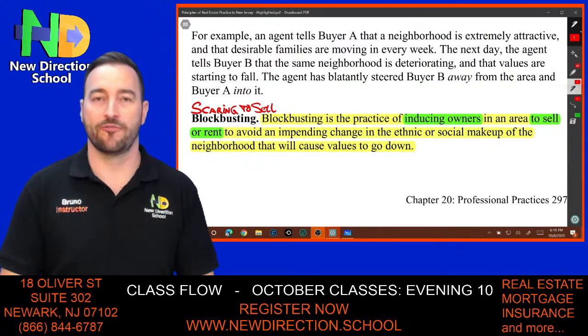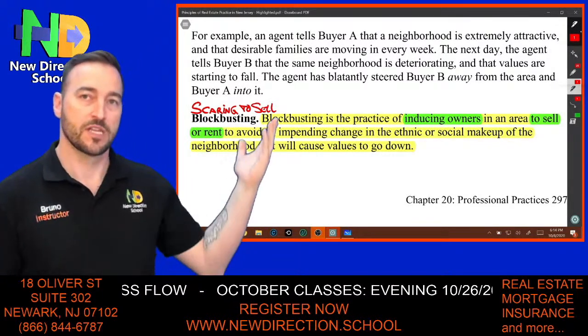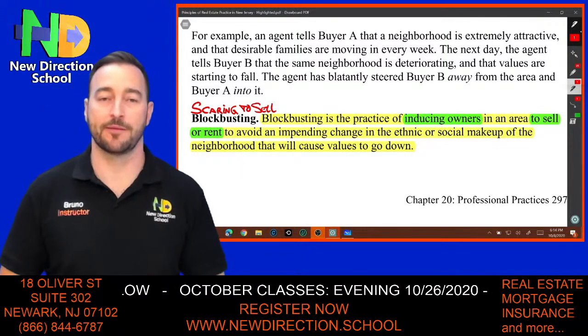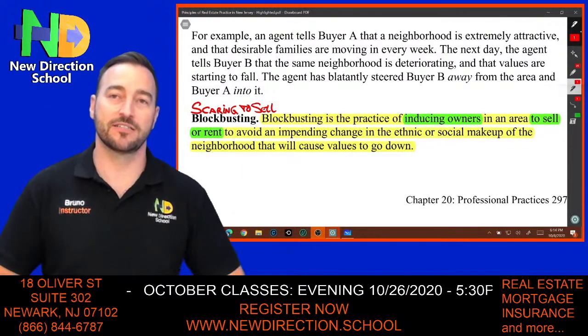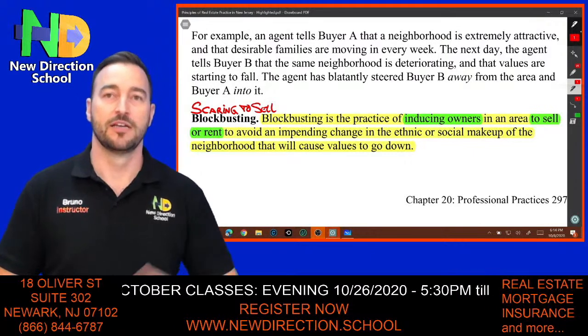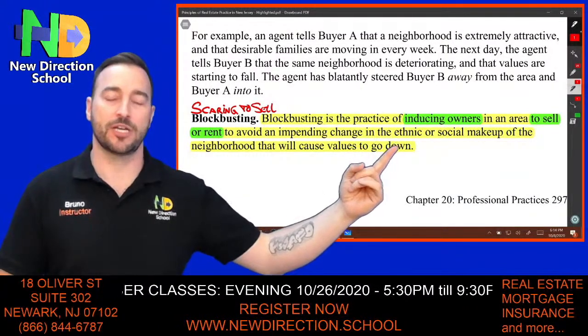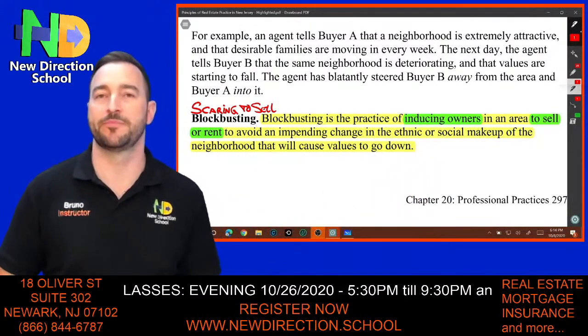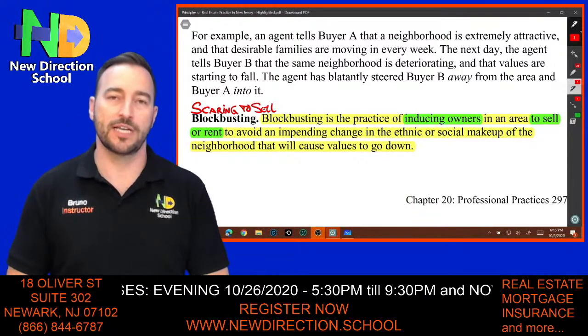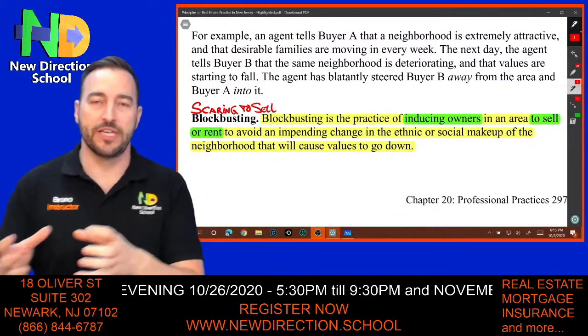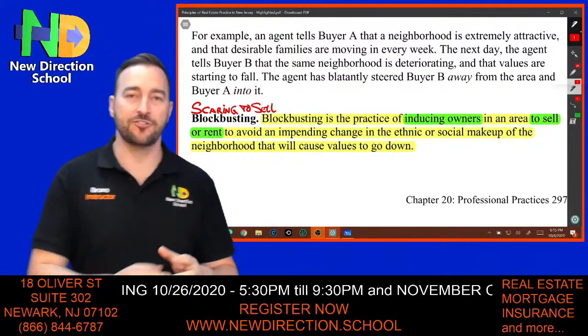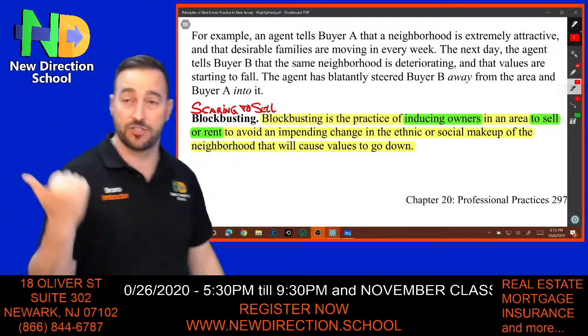And they would scare you. If you don't do it now, you'll lose it. In real estate, it's the same thing. I'm going to scare you to sell because of something, right? And that something is the change in ethnic or social makeup of the neighborhood. So as soon as minority groups are moving into a particular area, agents start knocking on doors and say, hey, you see who's coming?